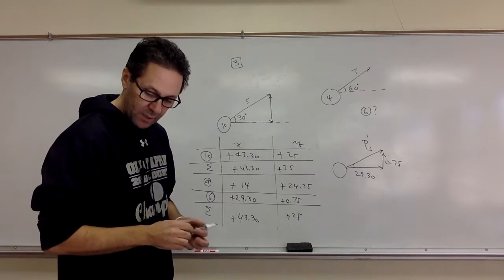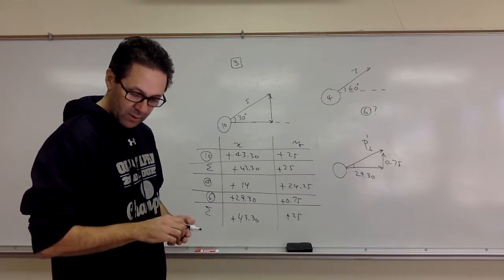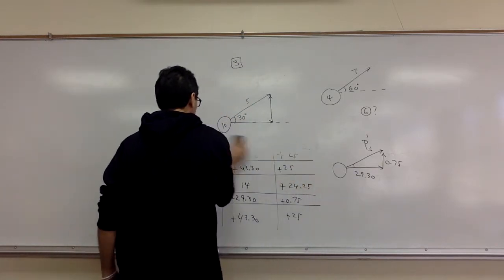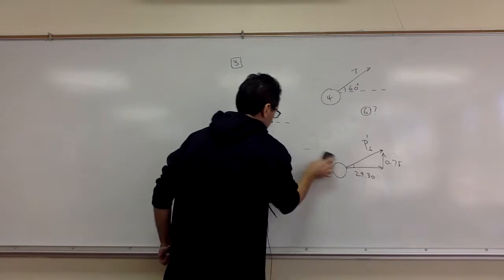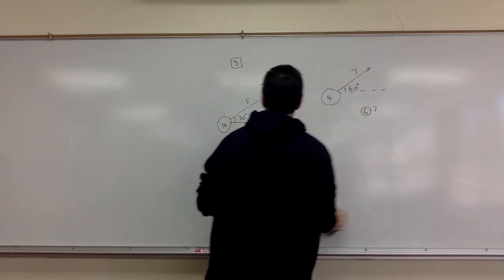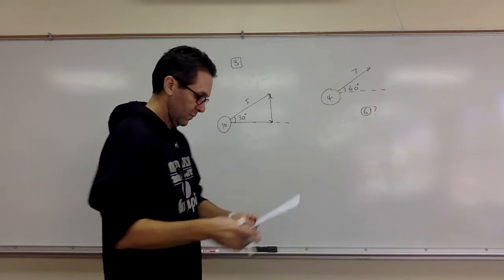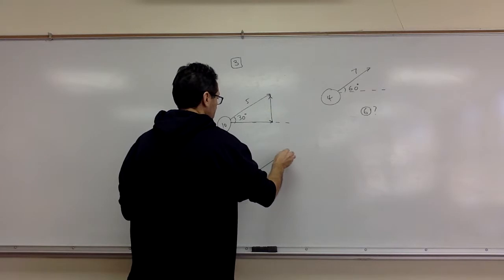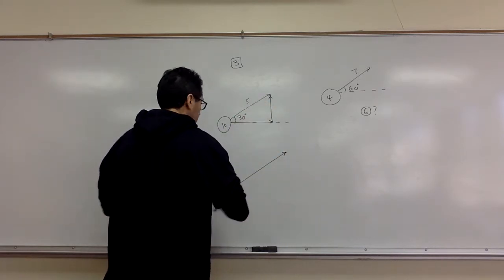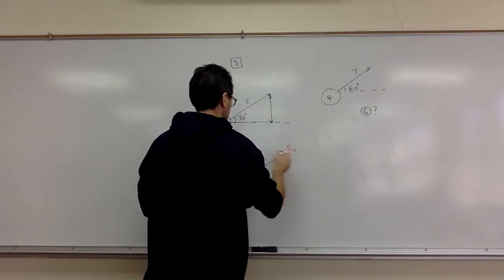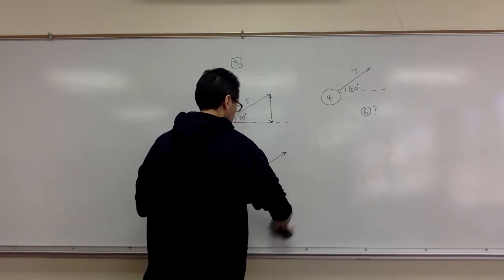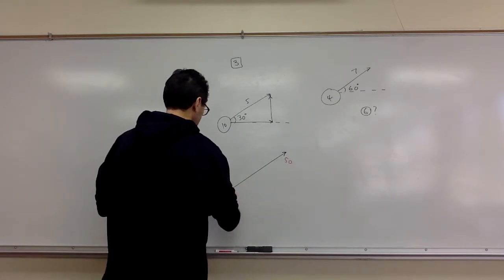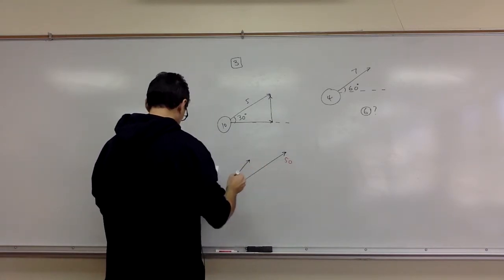Now let's see how we can do this with trig, law of cosines, in other words. So initially I had this here is 50. This is the number 10.